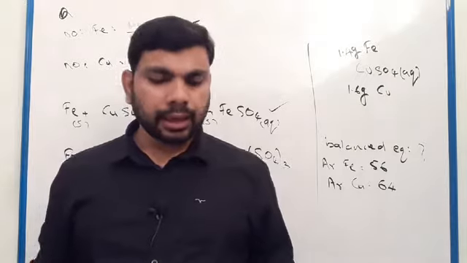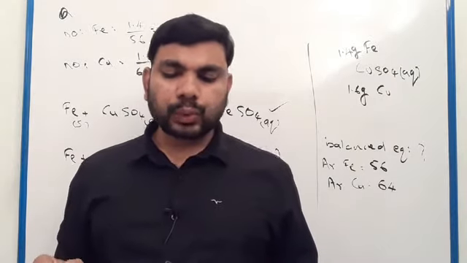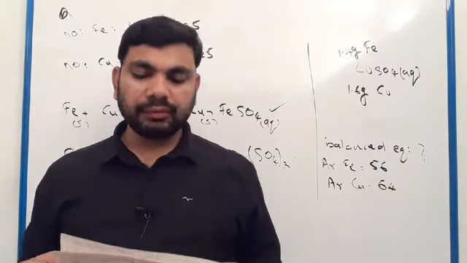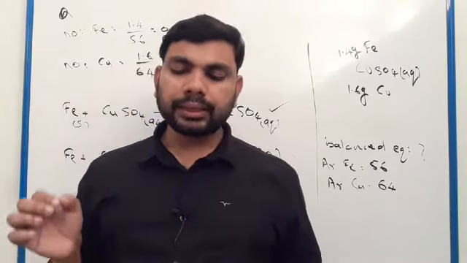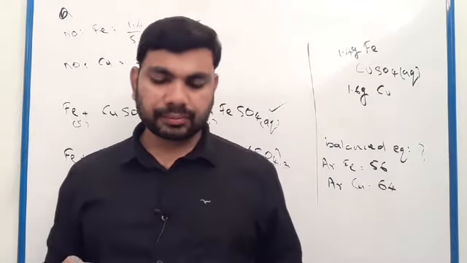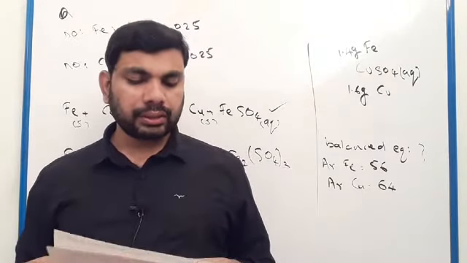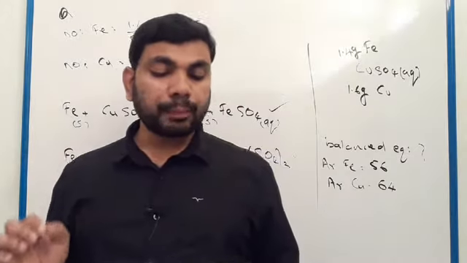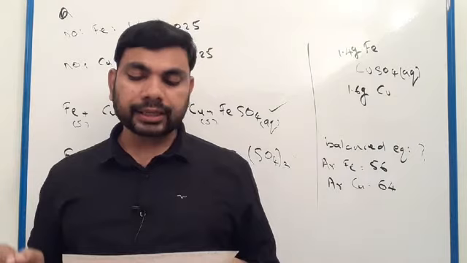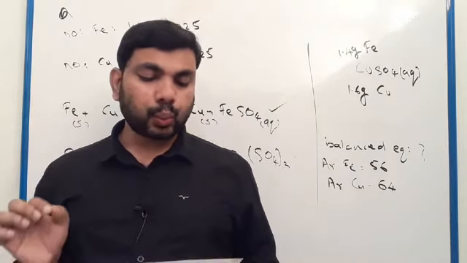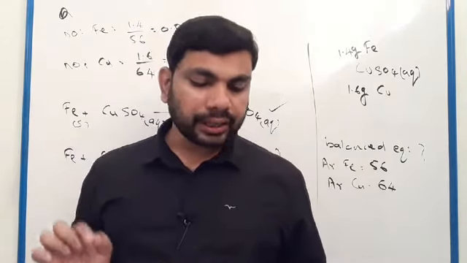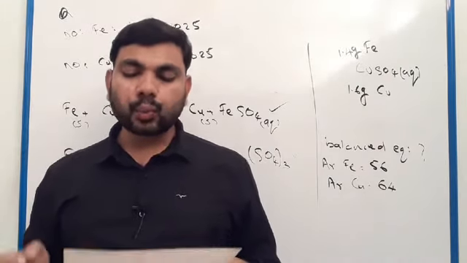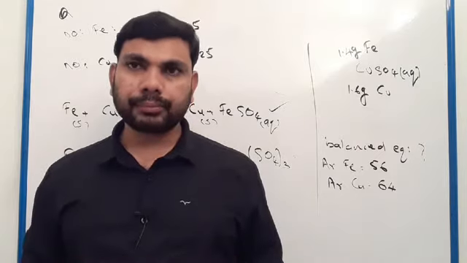The question says iron reacted with a solution of copper 2 sulfate to give copper and a solution of iron sulfate. Using this question, some information is given: 1.4 gram iron reacted with aqueous copper sulfate and formed 1.6 gram copper.